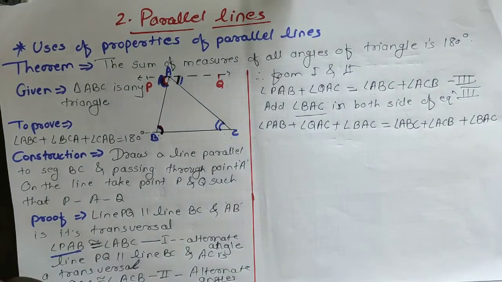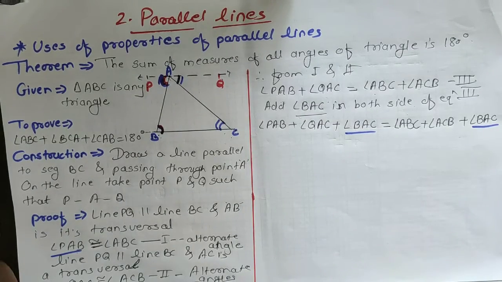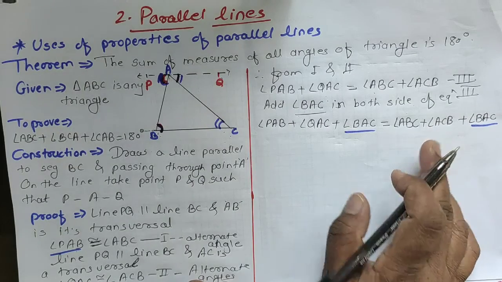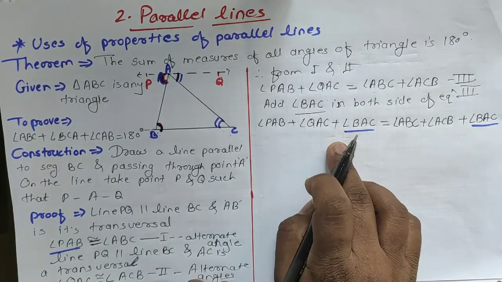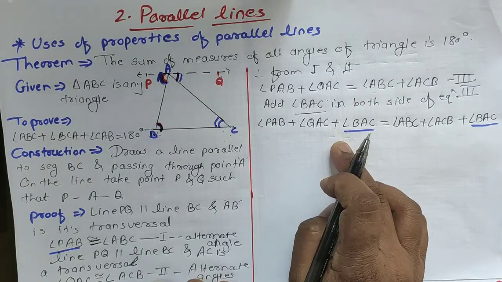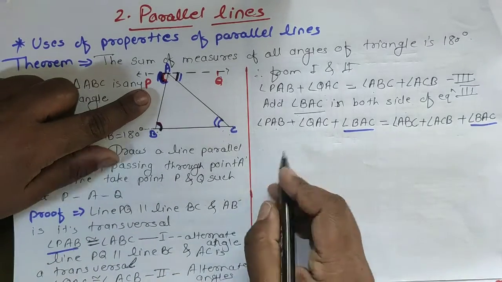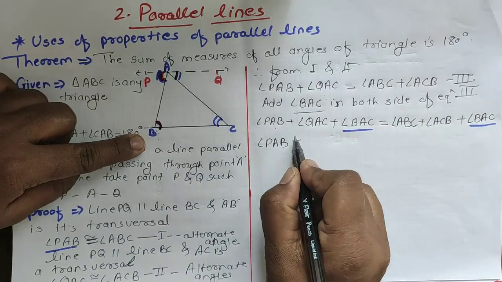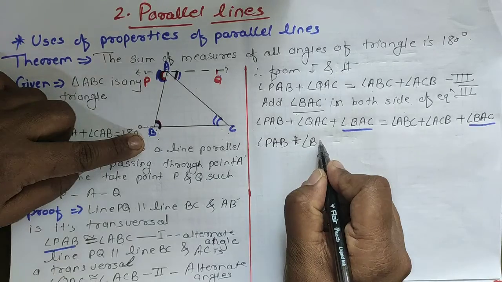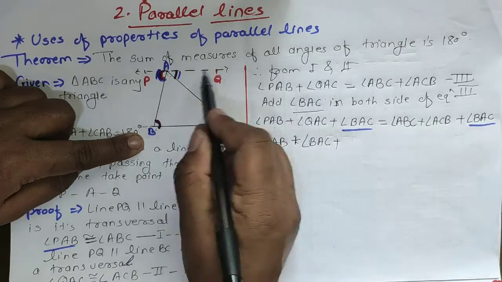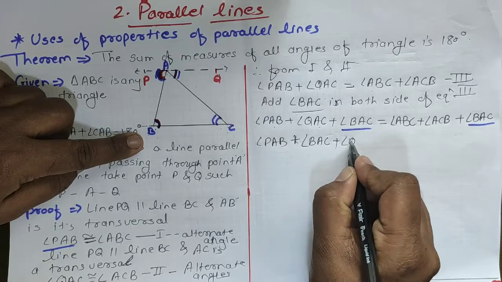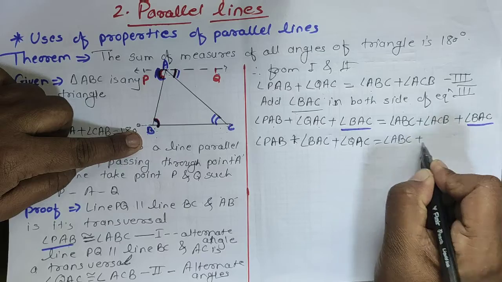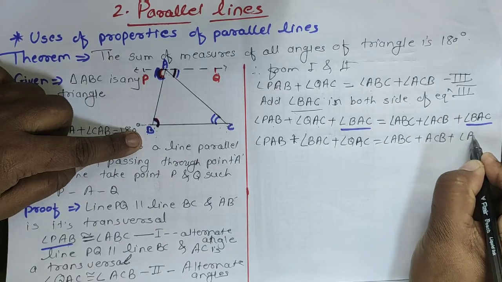We add angle BAC on both sides of the equation. Now you will notice that we take BAC in between: angle PAB plus angle BAC plus angle CAQ is equal to angle ABC plus angle ACB plus angle BAC.